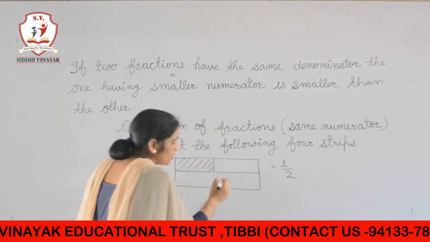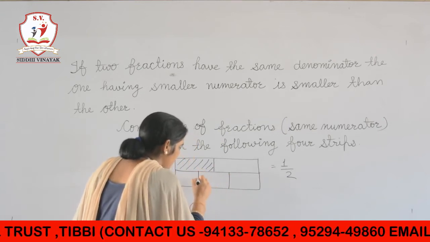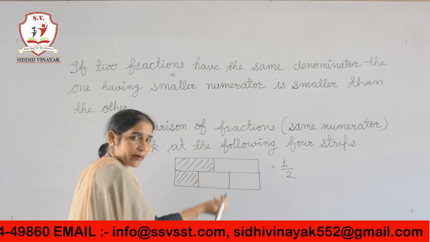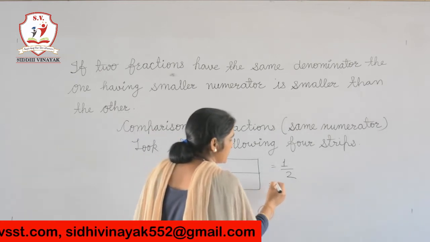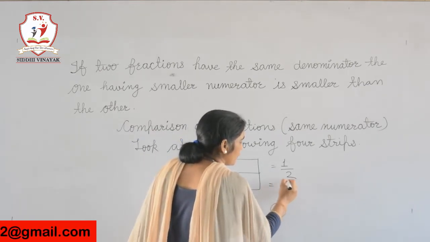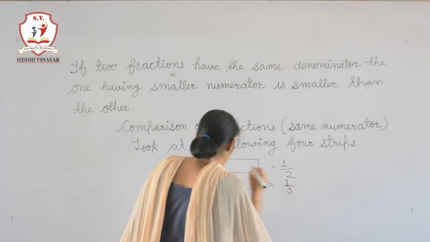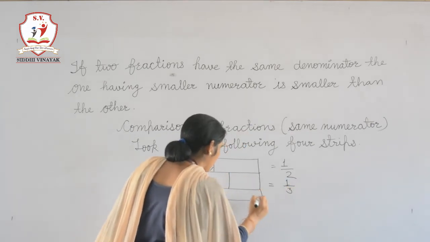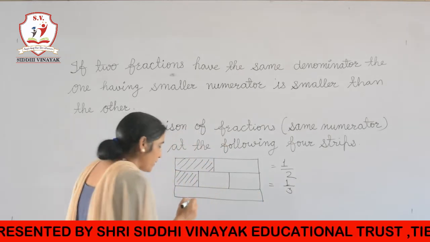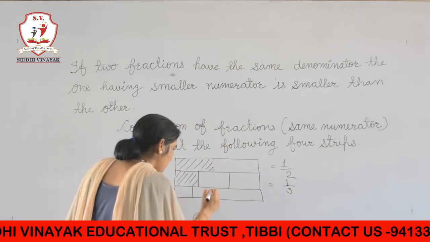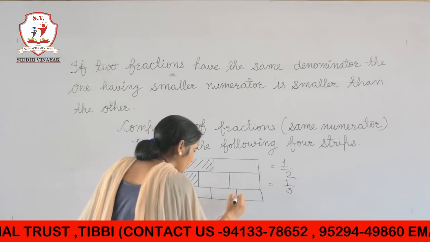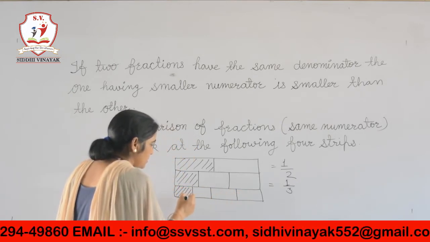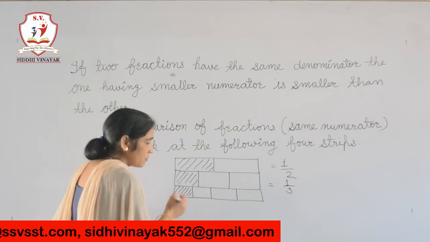We divided into three parts. One part is shaded. Total part is 3. We represent as 1 upon 3. We divided into four parts. Shaded part is 1.